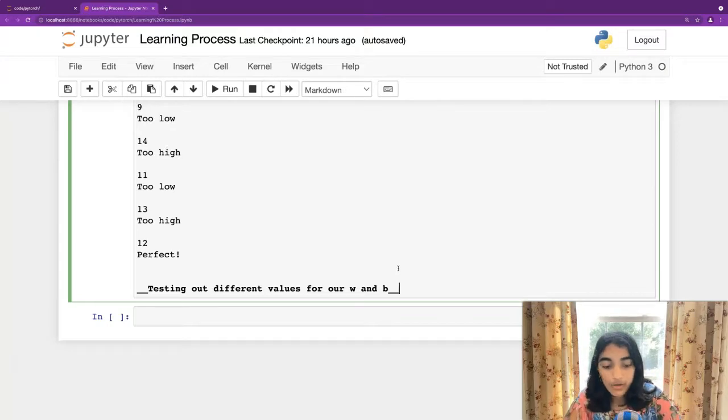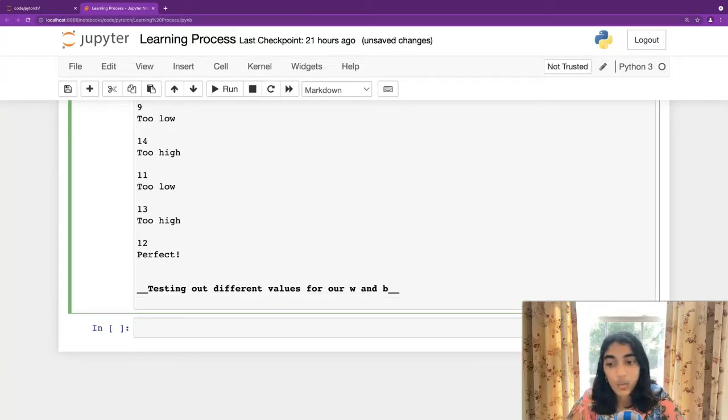So how are we being intelligent about what values we're guessing for our W and B? Well, we take a look at the loss function.